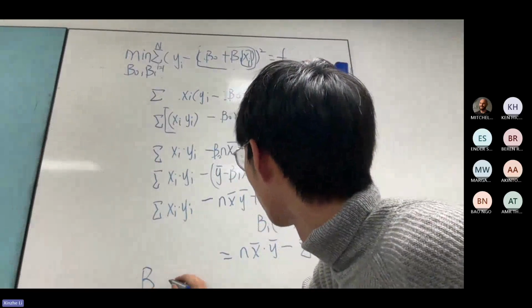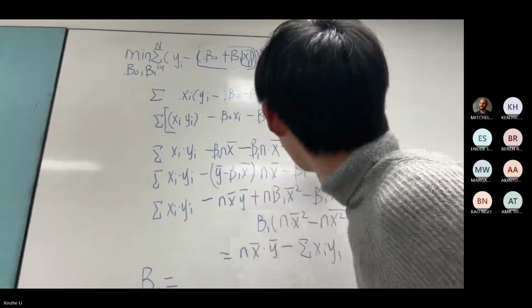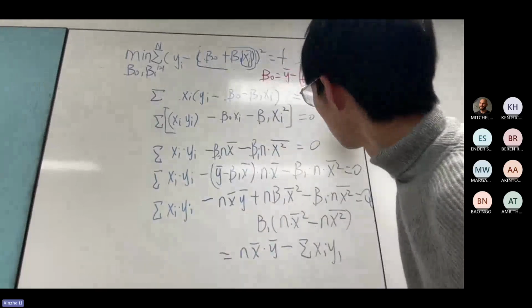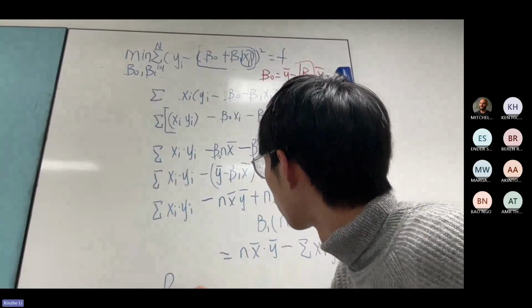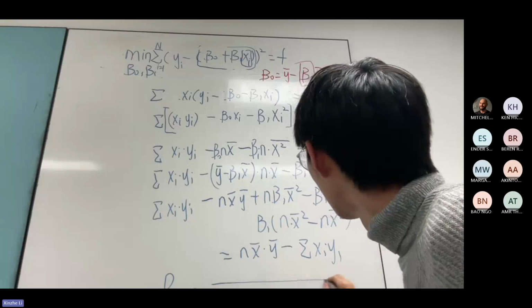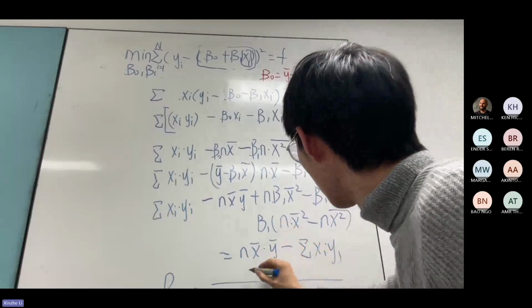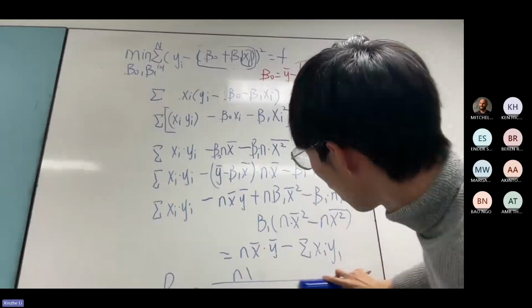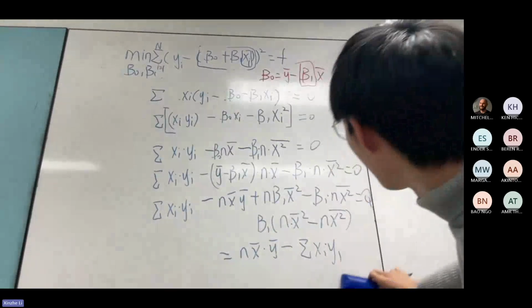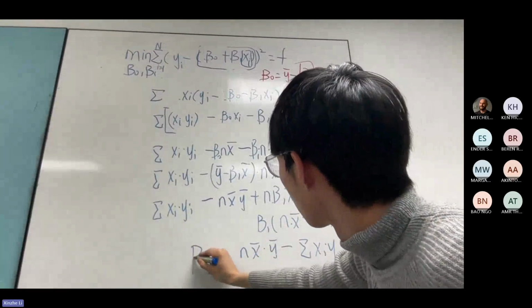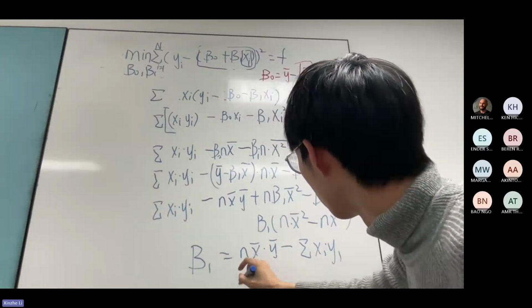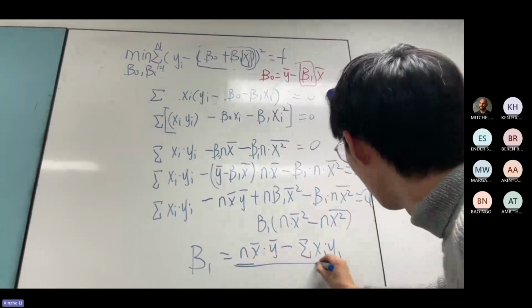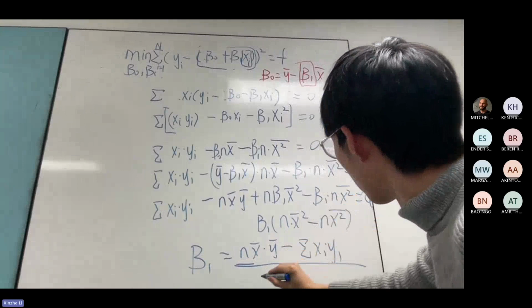So we will finish now. What's a beta 1 here? Beta 1 equal to this one divided by this one, right? I just want to be a little bit lazy. So I just say beta 1 is this one divided by this one, right?